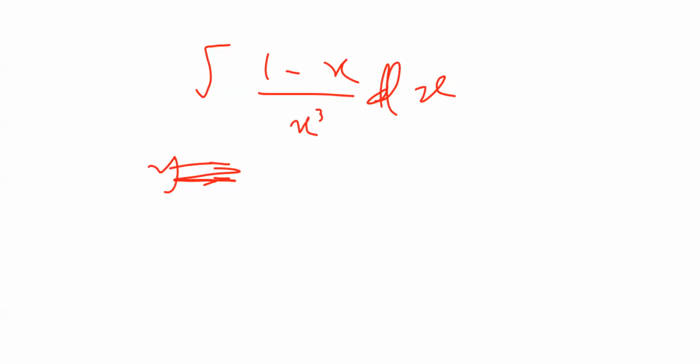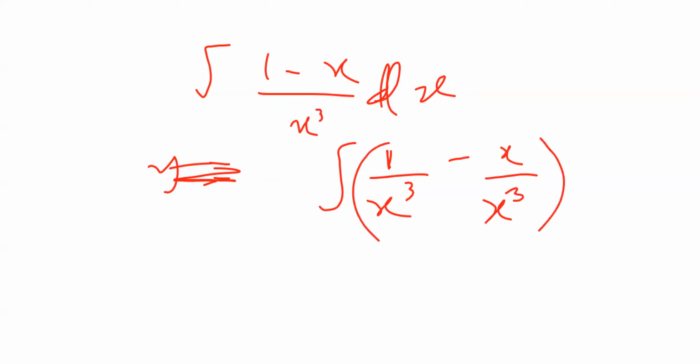Okay. The best thing is to remember knowledge of fractions. Very important. Do it like this: all over x raised to power 3. That's the meaning of that fraction. If you find the LCM, you get back to that. If you find the LCM of this, you get 1 minus x over x raised to power 3. So do it like that first. And remember the law of indices.